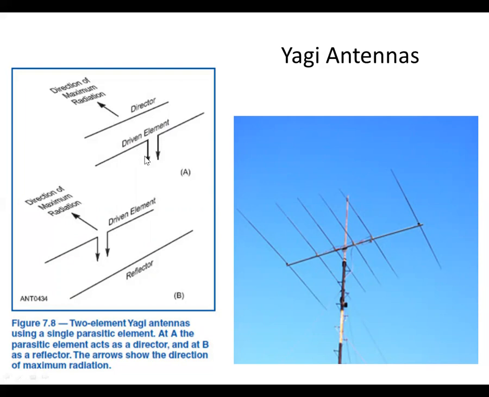That's what I couldn't remember, which was which, but that's how the direction is determined, with the reflector being a little bit longer than the driven element and the director a little shorter. You can see this is a tower with a rotating drive on it, so you could point the antenna in different directions.